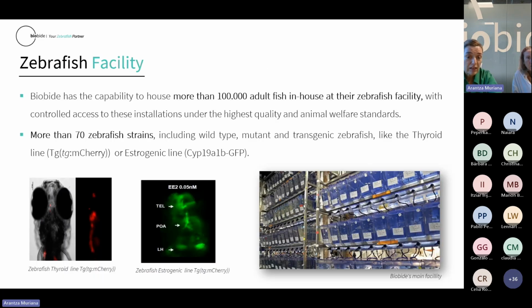And in our facility, we have the capability to handle more than 100,000 adult fish nowadays with the best quality and animal welfare standards. And currently, we have more than 70 zebrafish strain lines, mutant, transgenic, or wild-type lines, including the thyroid line that we use for the thyroid inhibition assay with mCherry fluorescence in the thyroid area, but also the estrogenic line with green fluorescence in the estrogenic pathway that could complement the thyroid inhibition assay with this estrogenic pathway assay, both in zebrafish.